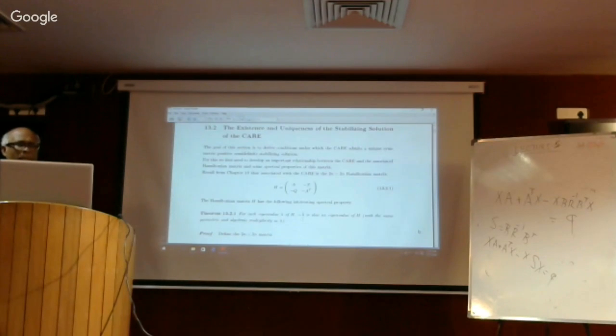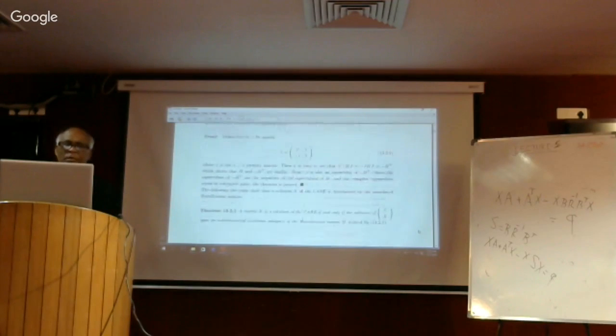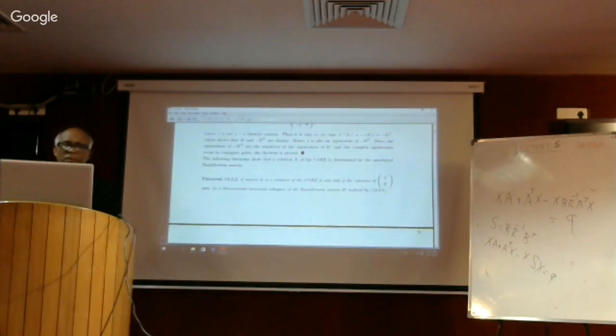This 2n by 2n matrix is called the Hamiltonian matrix. Now, what does this Hamiltonian matrix have to do with the Riccati equation? That's the question. The answer is the following. A matrix X is a solution of the CARE if and only if the columns of the matrix [I; X] span an n-dimensional invariant subspace of the Hamiltonian matrix.